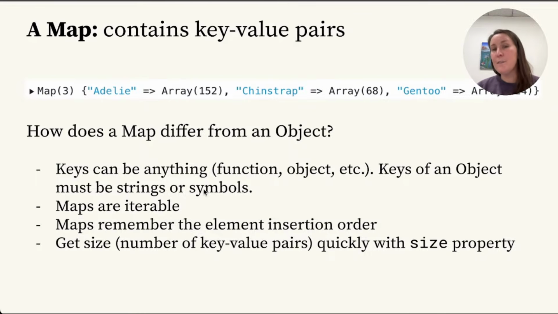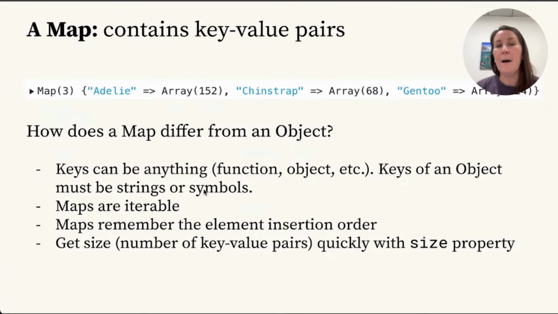How does a map differ from an object? First, keys for a map can be anything, like a function or an object, whereas keys of an object must be strings or symbols. Maps are iterable and they remember the element insertion order, which an object doesn't always do.